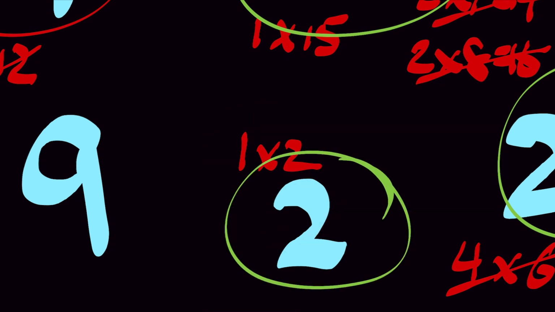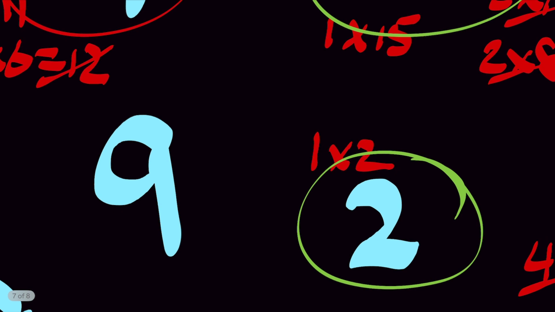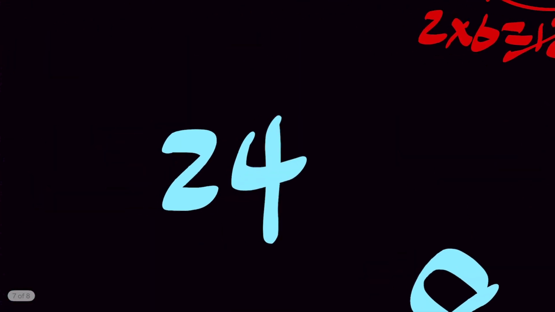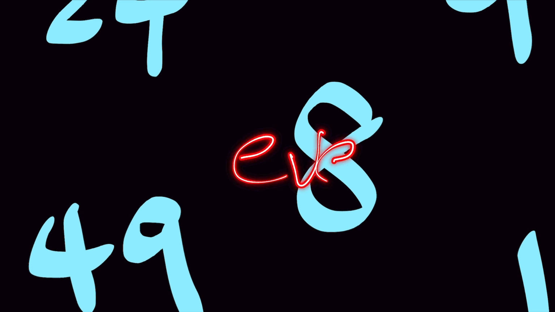9. 9 has 1 times 9, of course. And then we're going to go to 3 times 3, which means that 9 is a composite number. So it is not going to be circled. It's not a prime number. 24 is an even number. In fact, remember when we did 12 times 2? 8 is an even number.